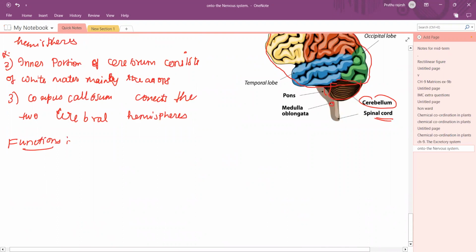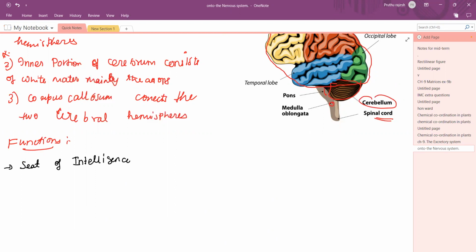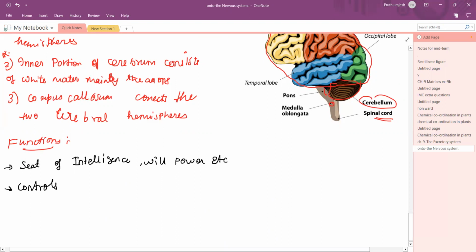Cerebrum is the seat of intelligence, consciousness, and willpower, and controls all voluntary actions.